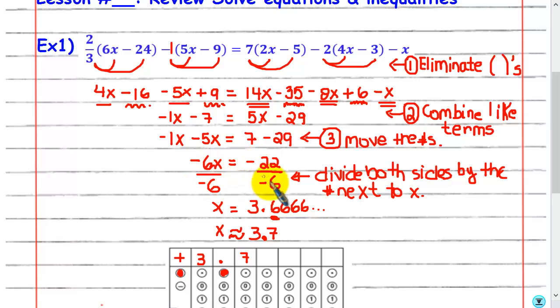So we divide both sides by negative 6. And if you notice, the negative cancels, the 6 cancels. You're left with the x alone. And then we did the operation using the calculator. And by the way, this is step number 4.